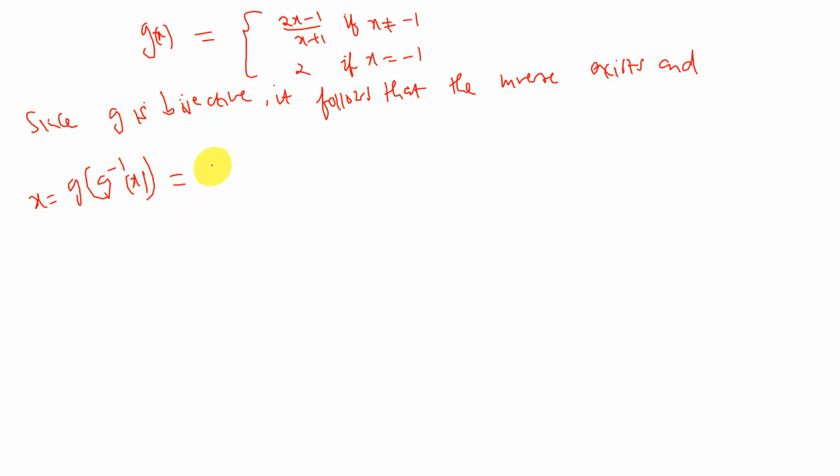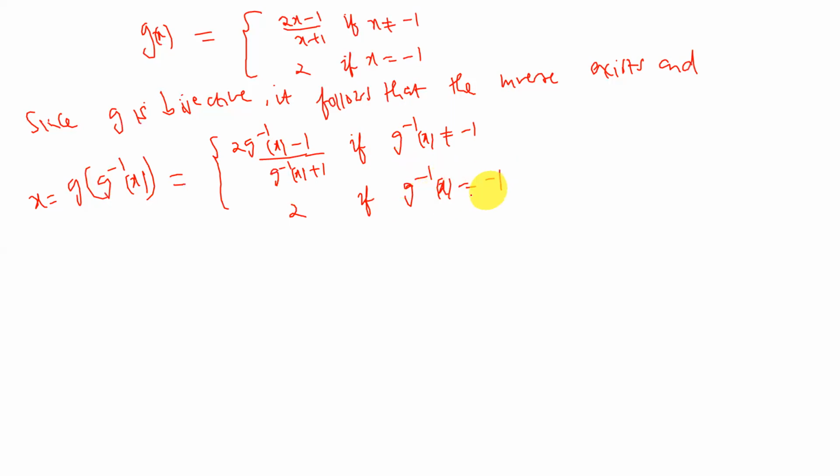So we have this, and therefore x now is replaced by that. So that's g inverse of x. Every x is replaced by g inverse of x in the function.